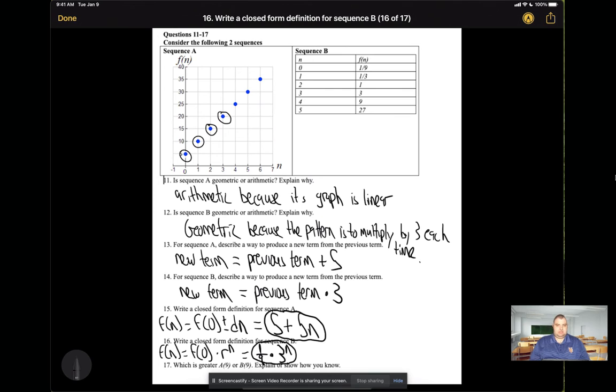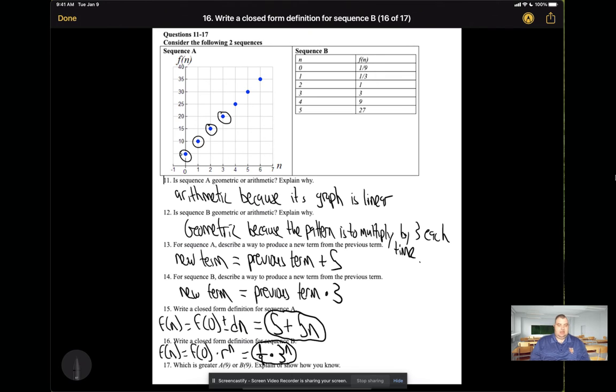And number 17, which is greater, a of 9 or b of 9? Explain or show how you know. So a of 9 means term 9 of sequence A. B of 9 means term 9 of sequence B. So the question is really asking which sequence has a greater term 9. Now, I know I talked about this in a previous lesson.